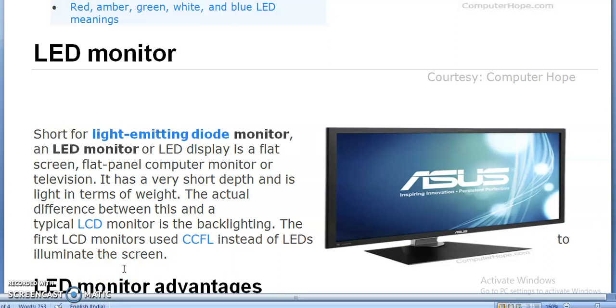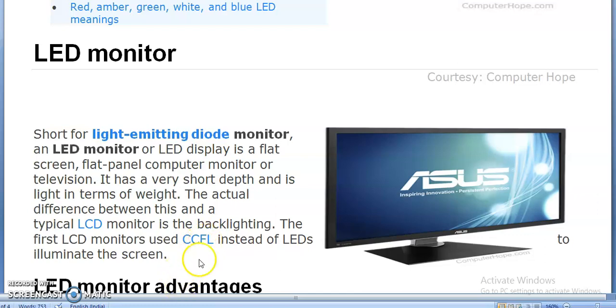So LCDs were introduced earlier than LEDs, but then came the LEDs. The difference between LCD and LED is that LCDs were using CCFLs, whereas LED monitors are using LED indicators, where CCFL stands for cold cathode fluorescent lamps.